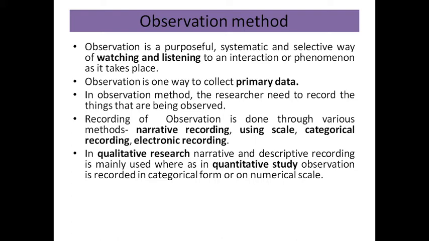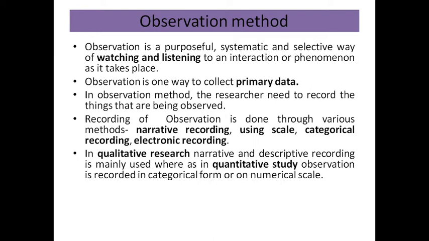In narrative recording, the observer records the things in a descriptive way. In the method using scale, the observer uses or develops some scale, and on that scale what is being observed is rated. For example, say the observer is observing some personality traits of individuals, and there are some personality aspects like confidence, dominance, intelligence.